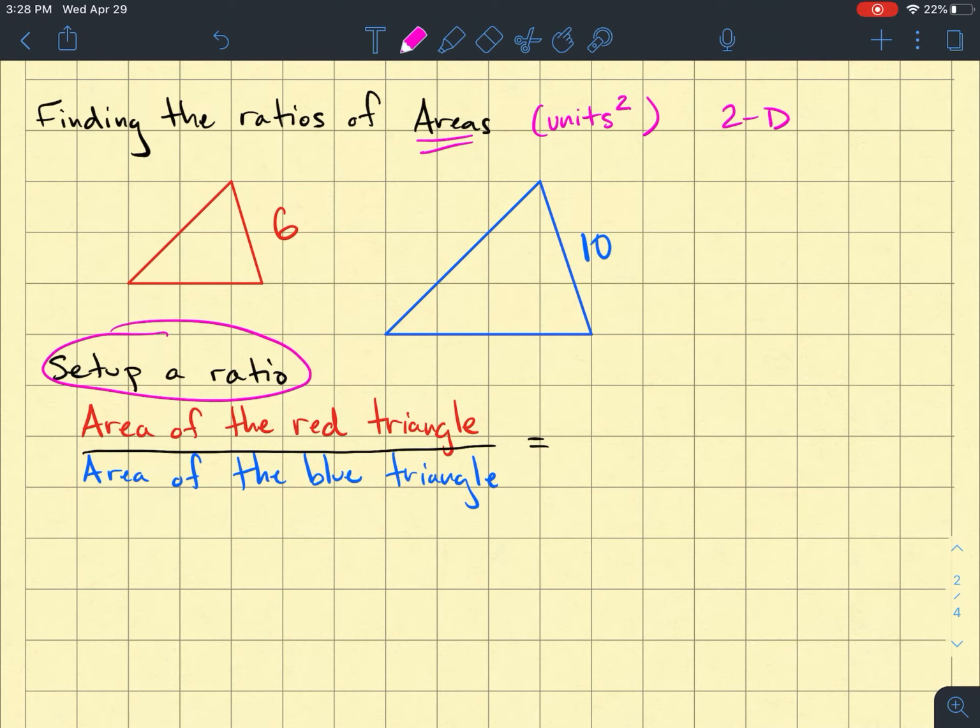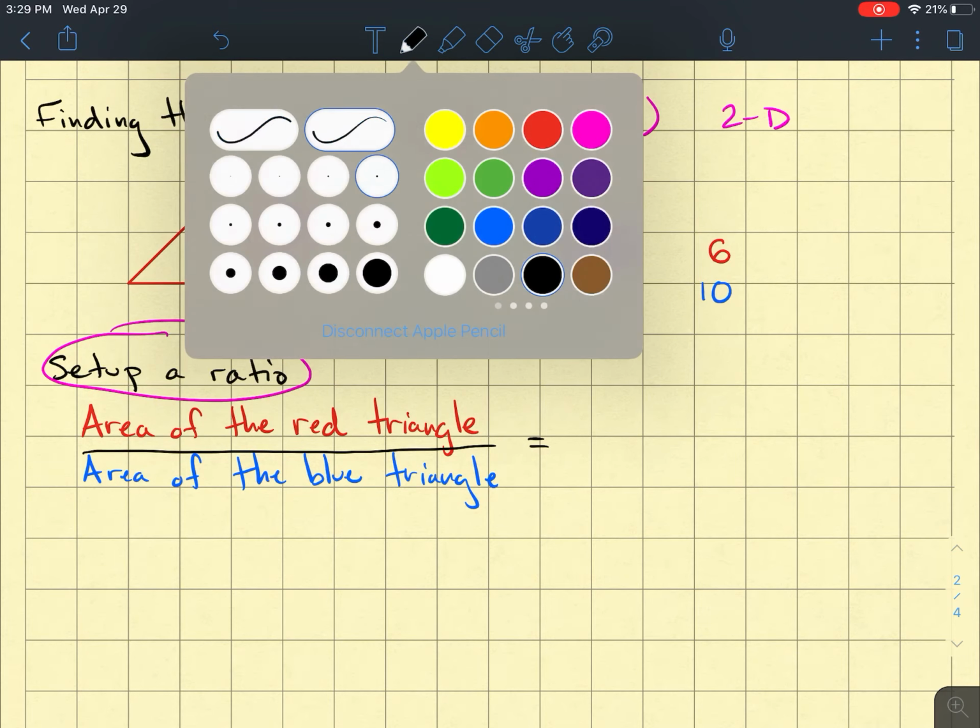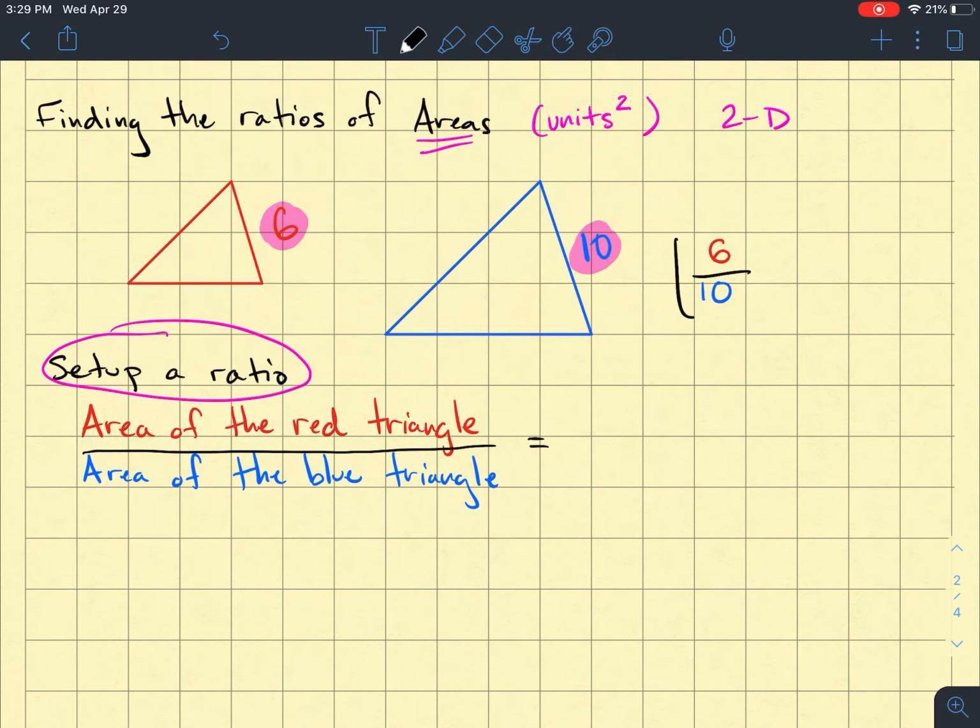So the first thing we're going to want to do, again, is set up our ratio. Now, the area of the red triangle over the area of the blue triangle has to start by using the corresponding side lengths that are given. So let's go ahead and write that ratio out. Well, it's just 6 over 10.